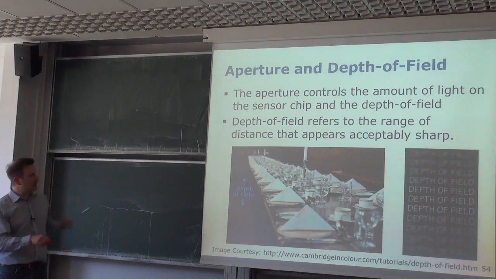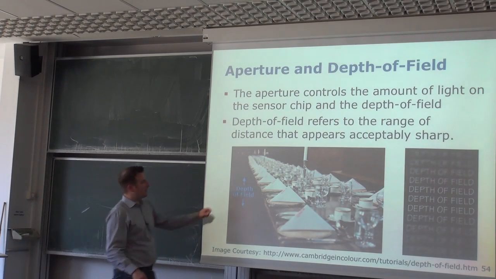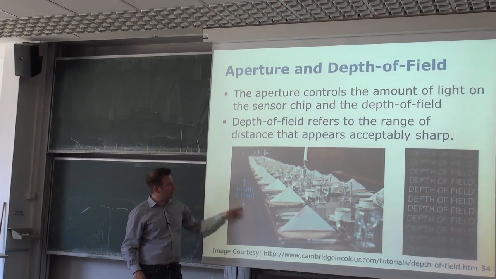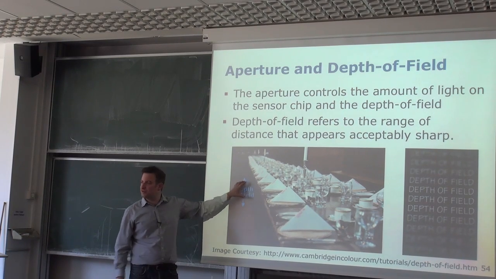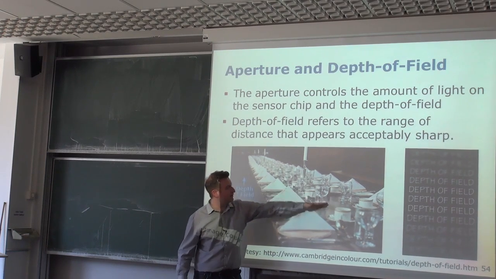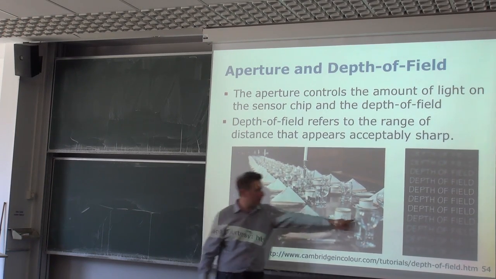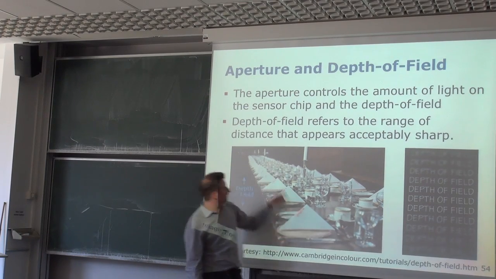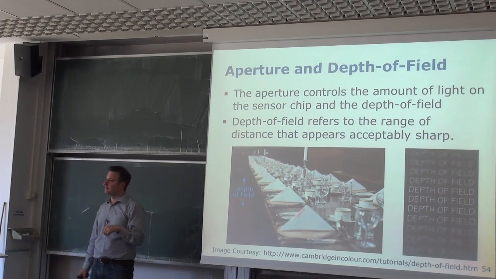So this is an image taken from a scene, and you actually have only a small area over here where the image is sharp. It's probably from somewhere over here to somewhere over here in this area. Everything which is closer is not a sharp image. You see the glass here or the object in the back.